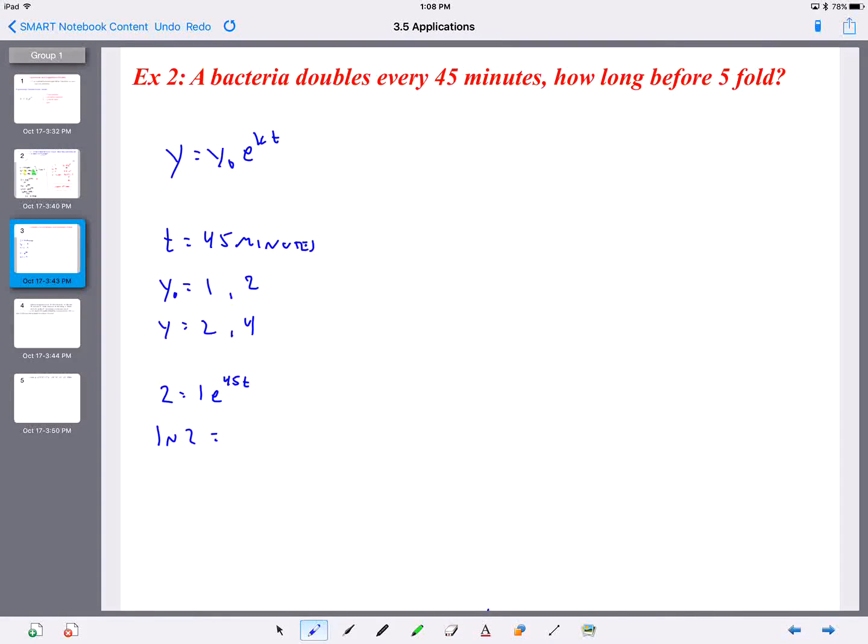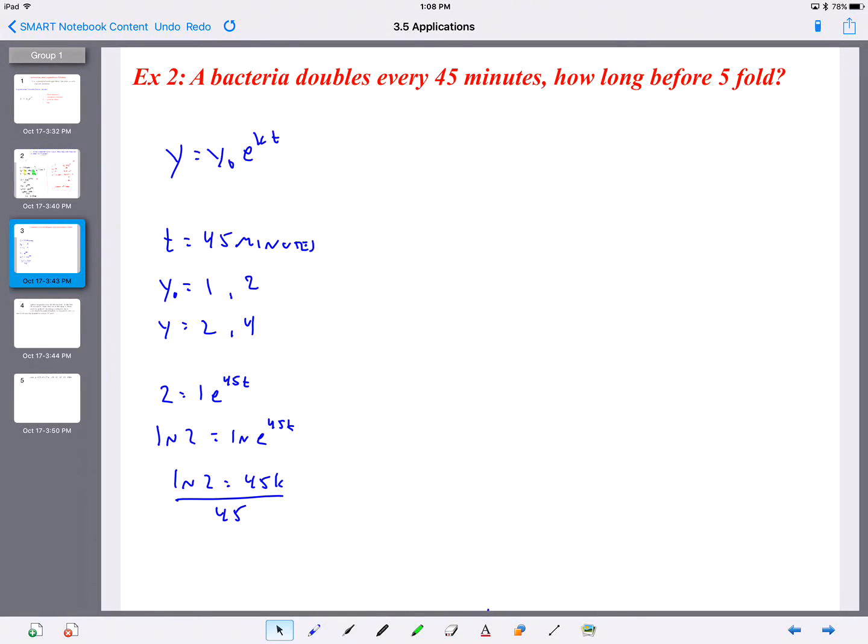I'll write it this time, but realize natural log of e is just going to cancel anyway. So we have the natural log of 2 is equal to 45k, and now we can divide by 45. So we have the natural log of 2 divided by 45.